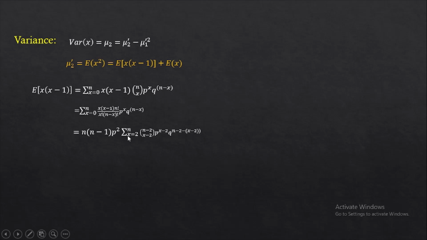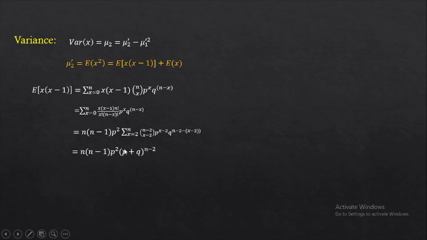This is an intermediate term, you can easily calculate this. So we can again define this as n minus 2 C x minus 2 p raised to x minus 2 q raised to n minus 2 minus x minus 2. If you multiply this minus sign inside, the 2 gets cancelled, n minus x, so nothing changes here.